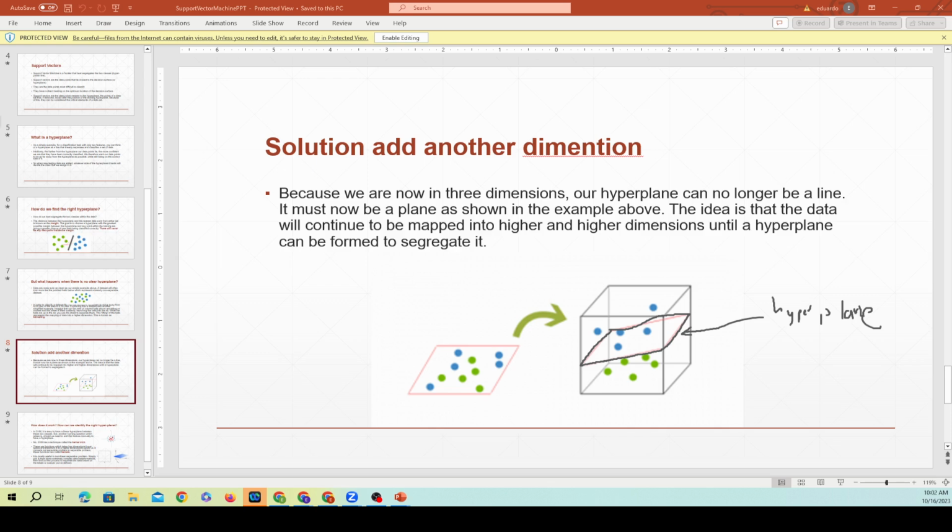Now you might be thinking, how is it even mathematically possible to talk about a dimension beyond the fourth, the fifth dimension, and what does it even mean? In mathematics, we actually define things that have more than three or four dimensions. We talk about 10 dimensions, 20 dimensions, 100 dimensions, and the math will follow.